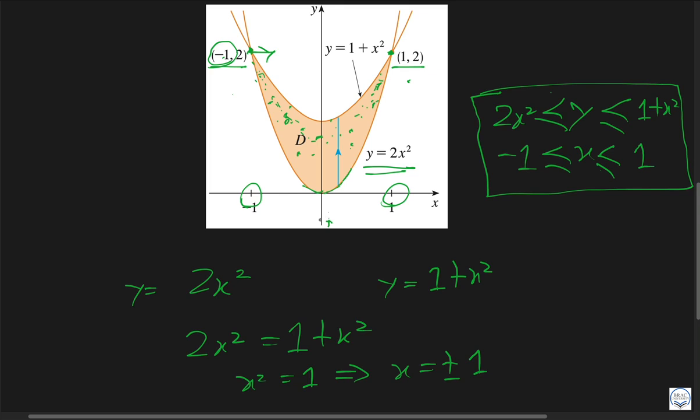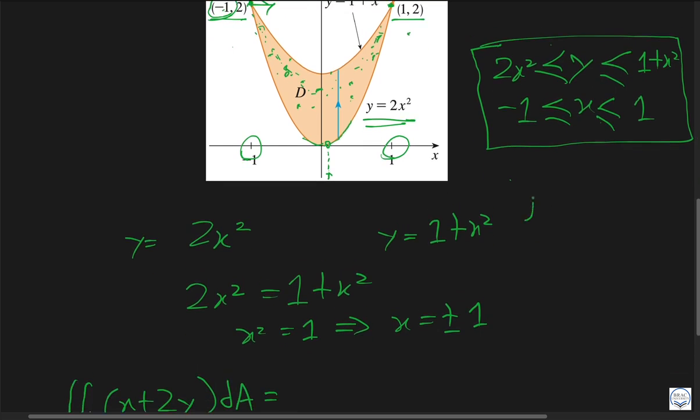To find a type 1 domain, what we do is start a small vertical arrow at the bottom of the y-axis in our sketch. It should be below all the curves that we have drawn. So this can be a starting point. We move it vertically upwards, and the first curve this arrow hits has to be the lower limit.